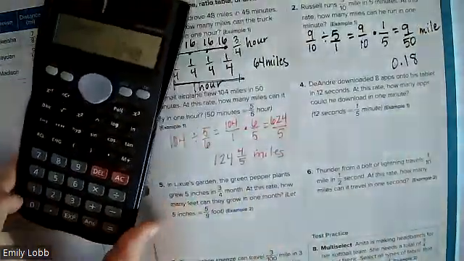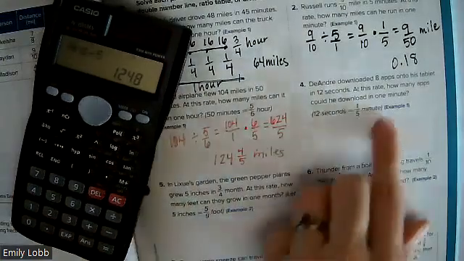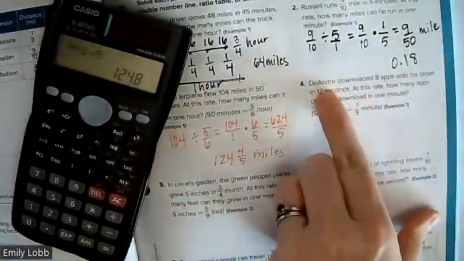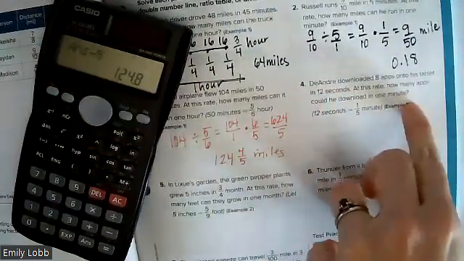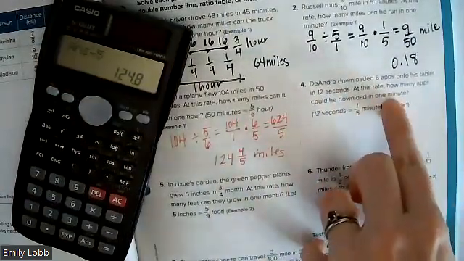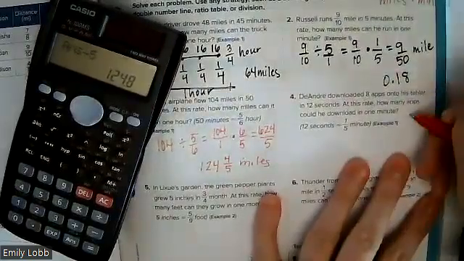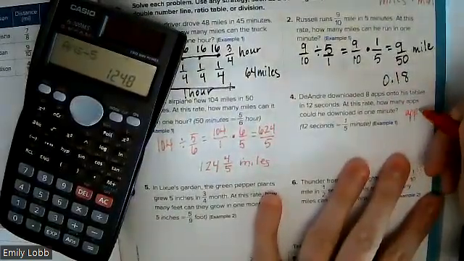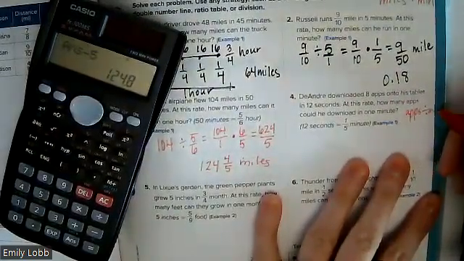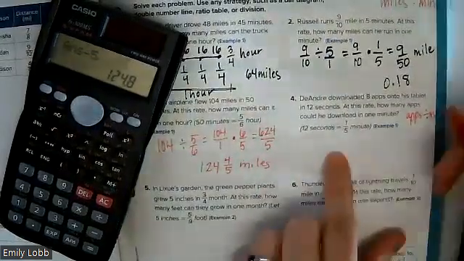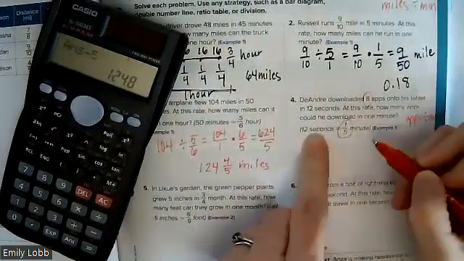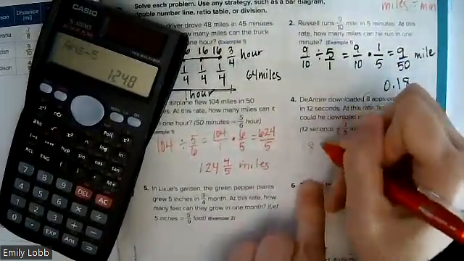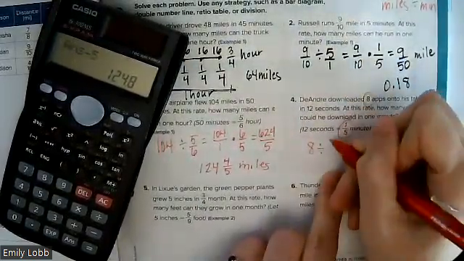All right. So DeAndre downloaded 8 apps onto his tablet in 12 seconds. At this rate, how many apps could he download in 1 minute? So we want apps per minute. So we're going to take apps and divide by the minutes. Well, of course, this was nice to us again. They told us the minutes. So we have apps. So 8 divided by the minutes, which is 1/5.